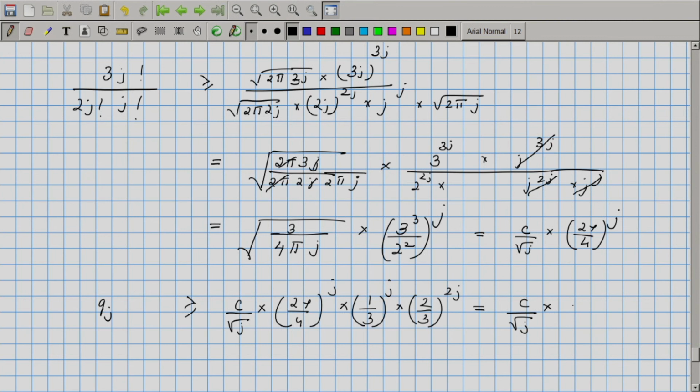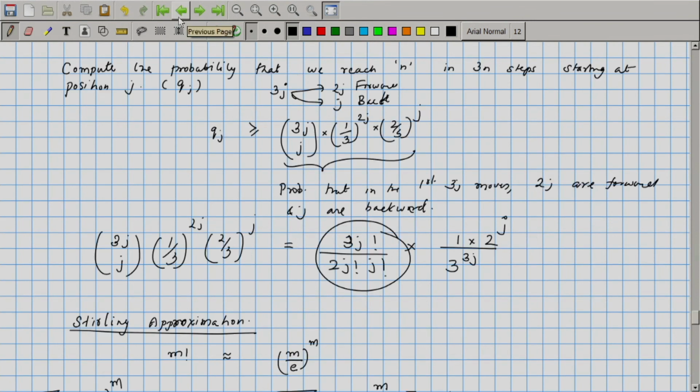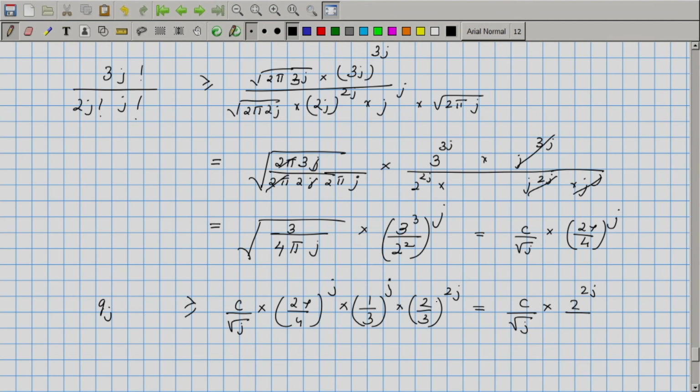So, what remains is 2^j... sorry, we had a mistake, this is raised to 2j and this quantity is j.